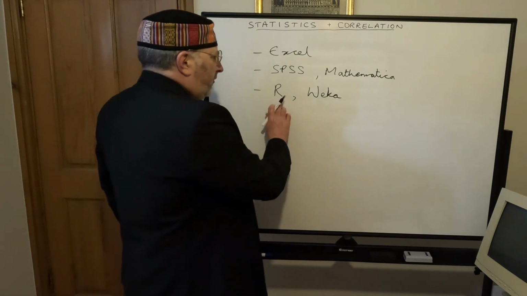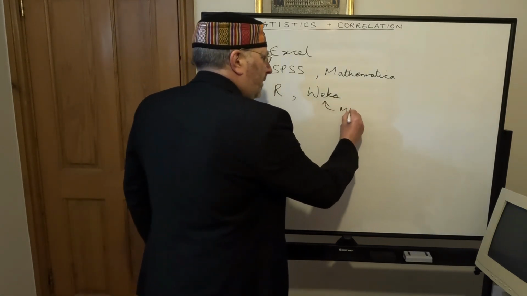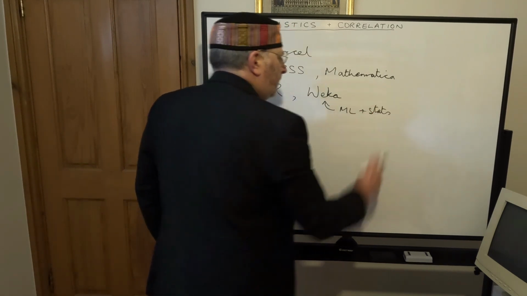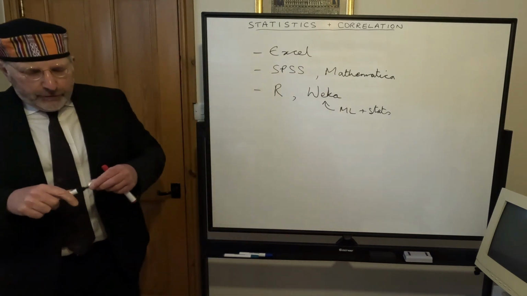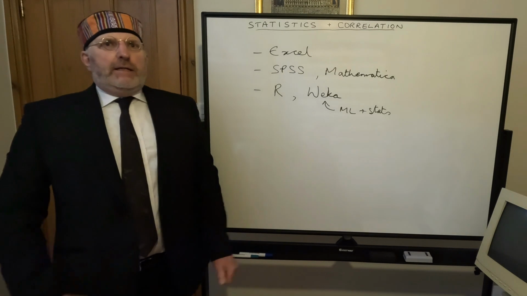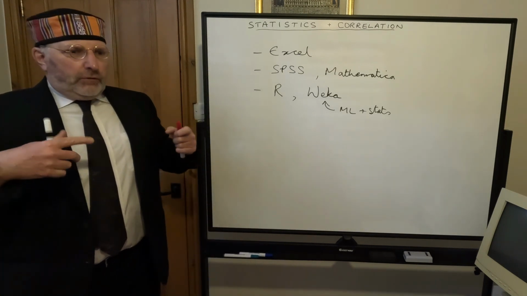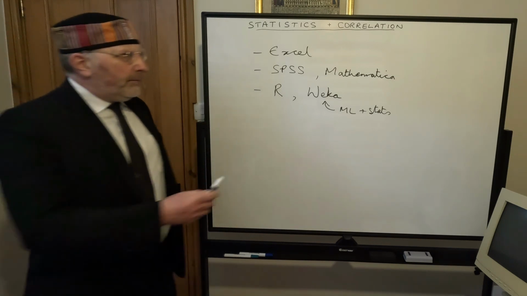This is for machine learning and statistics. It's got a lot of statistical capabilities built in, but it also does machine learning, which is that you can throw at it some data and ask it to automatically extract the patterns from the data.